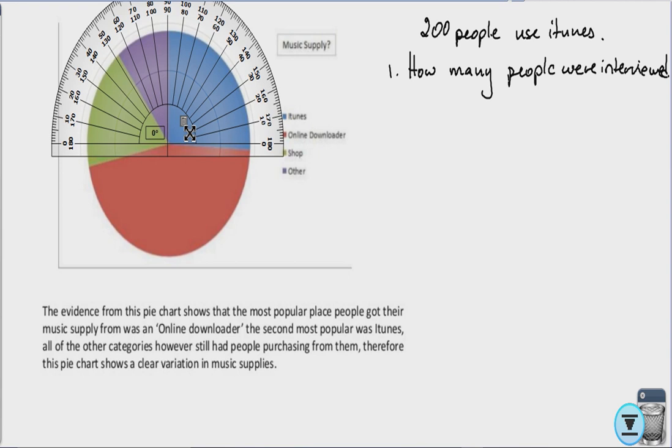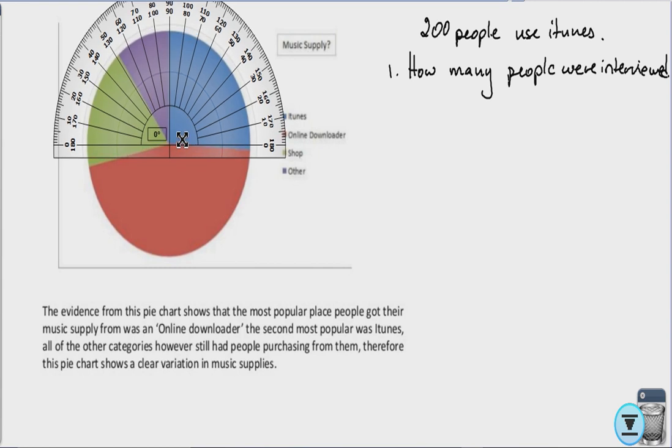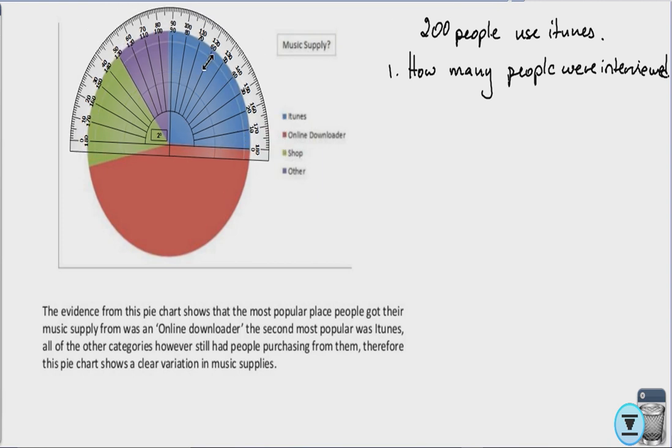And as we can see, iTunes is used by 90% of the correspondence. Almost 90, slightly more. It is slightly more than 90.